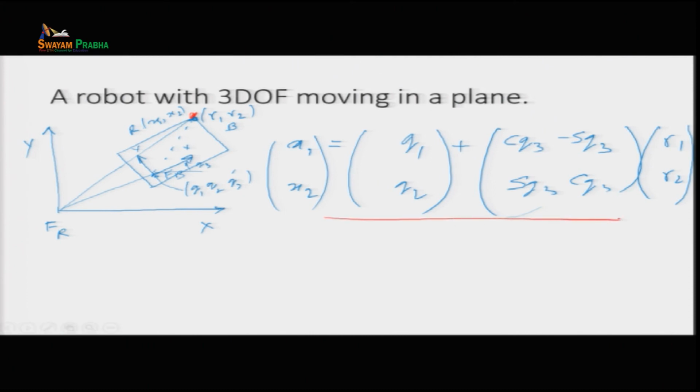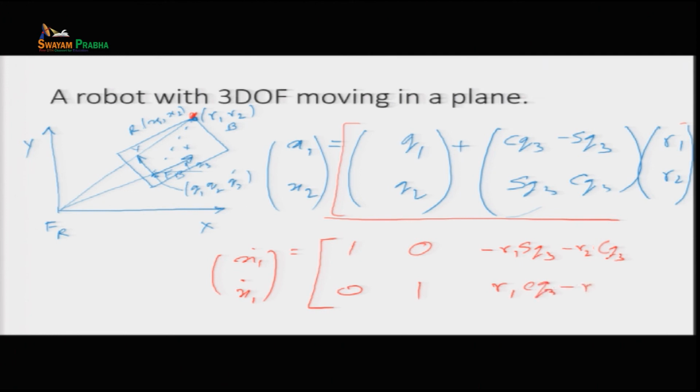Now, if I take the derivative of this full thing and multiply, then x1 dot and x2 dot will become equal to a matrix: 1 0, then minus R1 sin Q3 minus R2 cos Q3, and 0 1, then R1 cos Q3 minus R2 sin Q3.